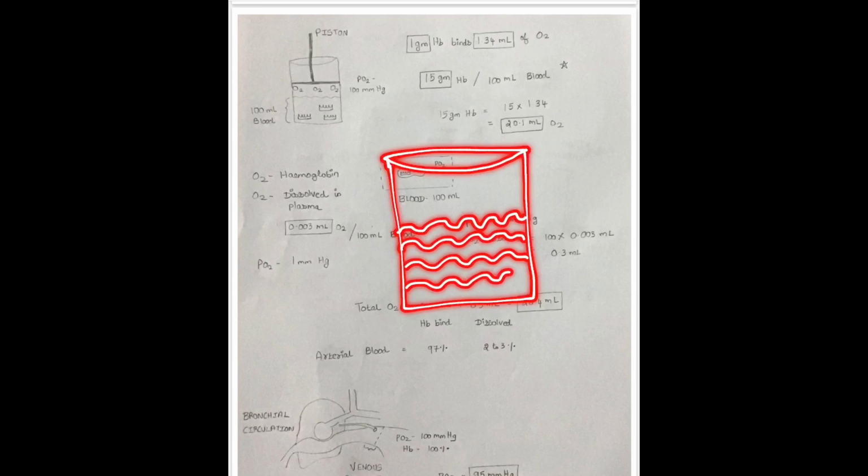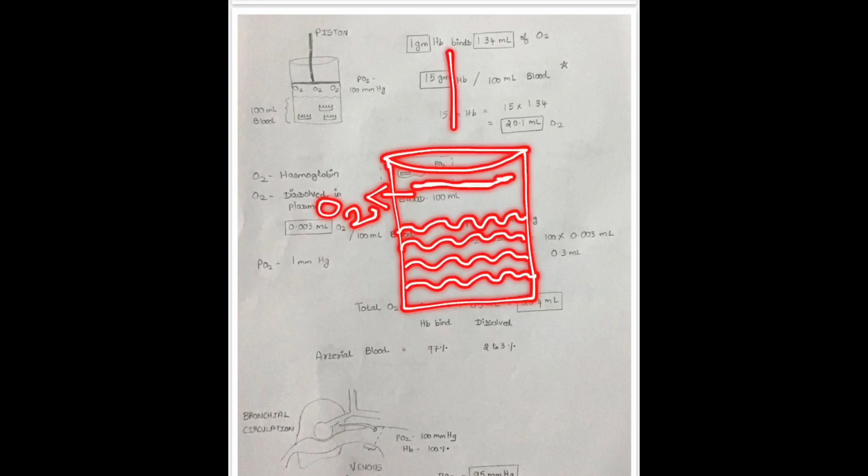In order to know this value, we will take a vessel. In a flask, we will fill 100 ml of blood. So in a flask we have 100 ml of blood, and here we have air. This air is oxygen molecules.